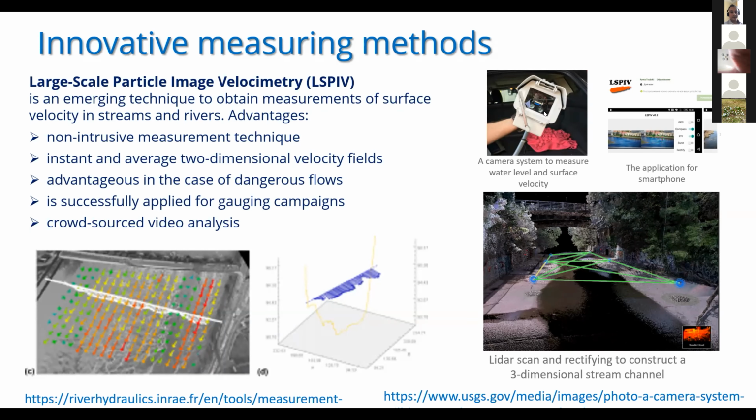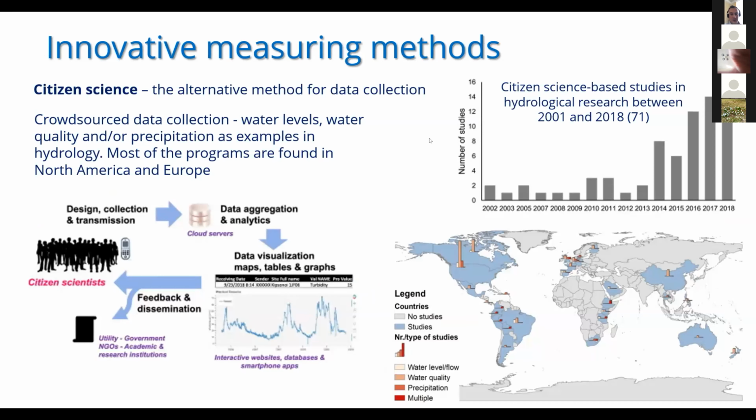For example, in 2018, there was a large paper that investigated citizen science in hydrology. In total, about 70 researchers worked with citizen science. It is crowdsourced data collection.